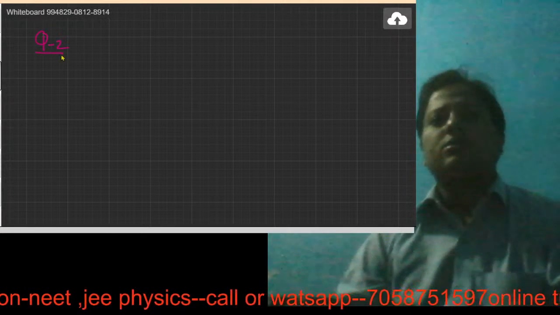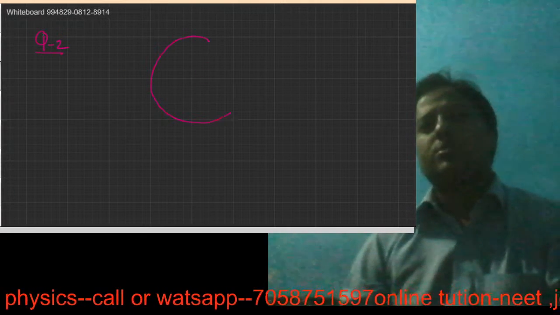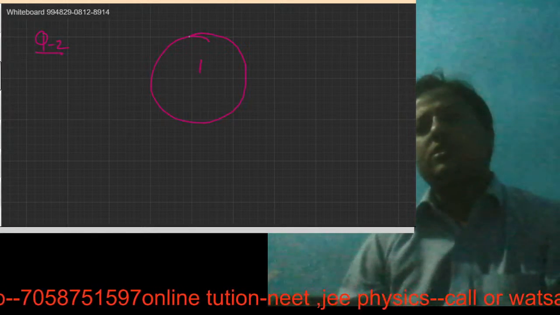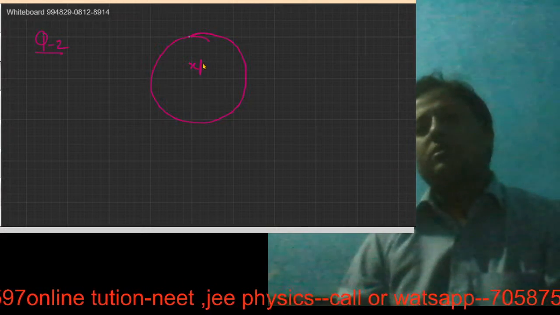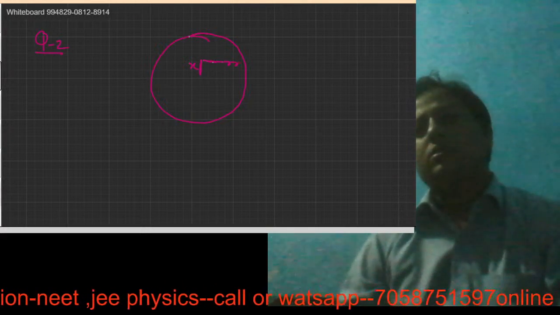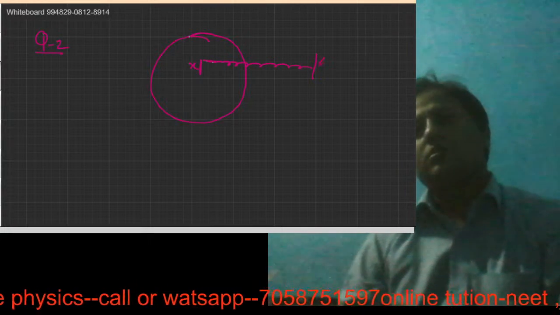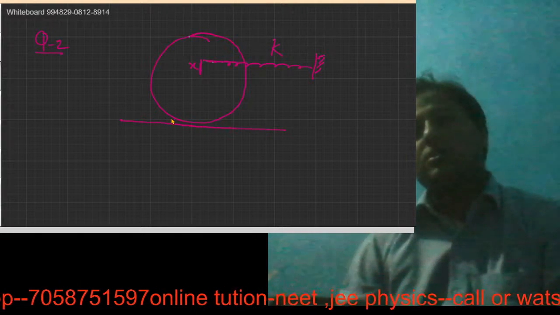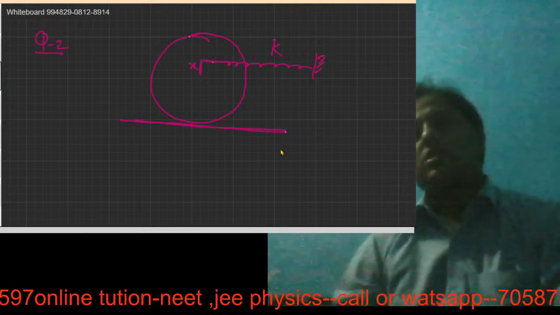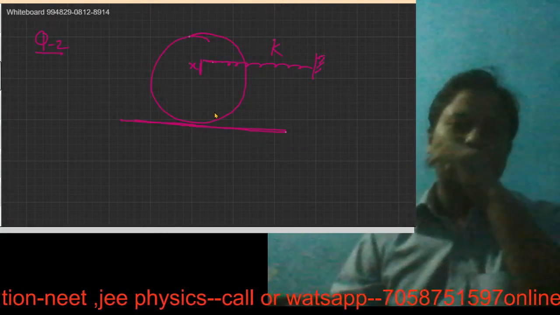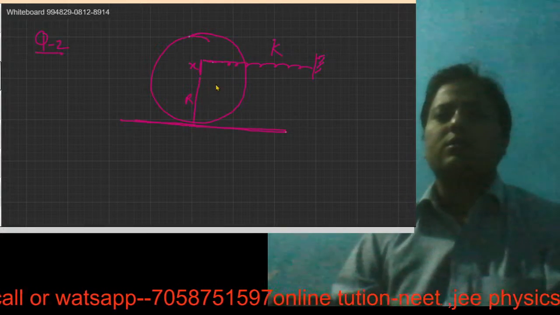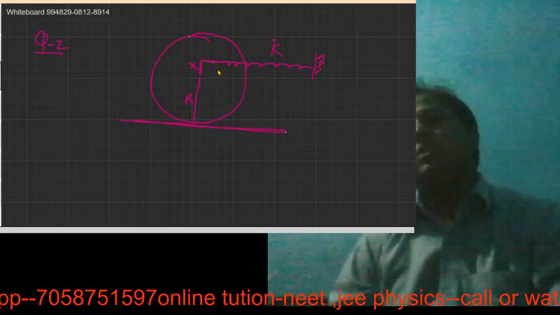Now in the next part, suppose a spring is connected with this body at a distance x above the center. The constant is K. The surface is sufficiently rough so that there is no slipping of the body. This distance is R. So the same process we have to apply.